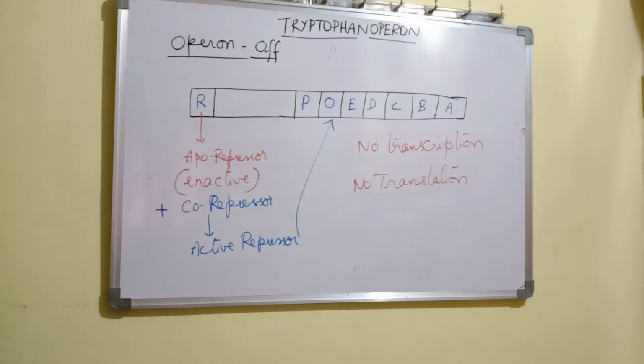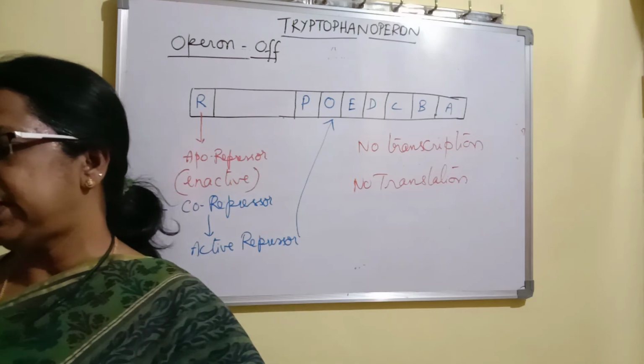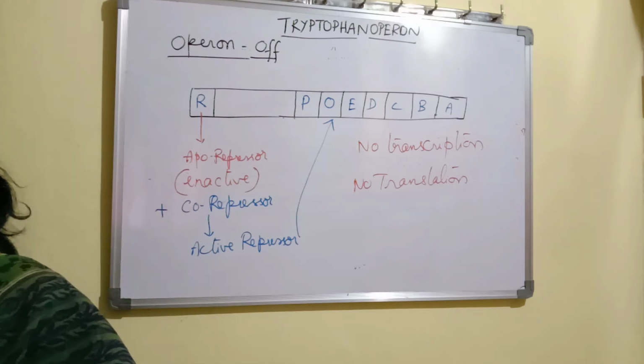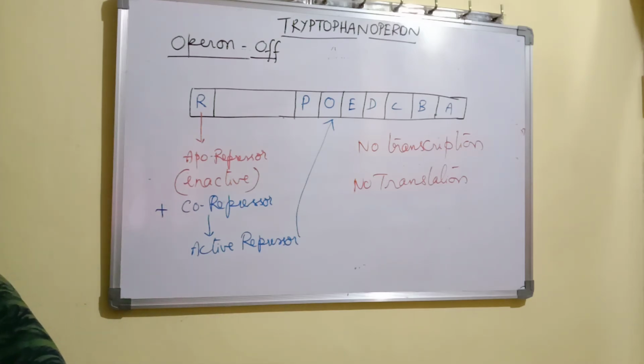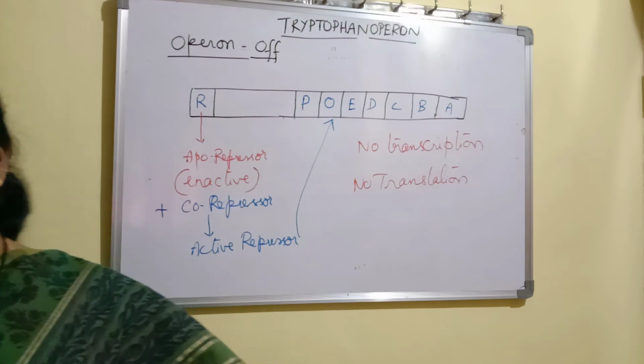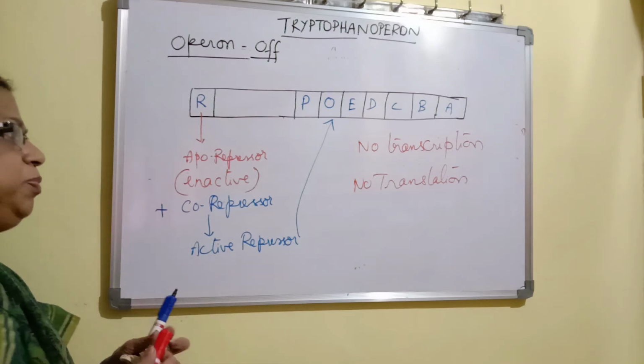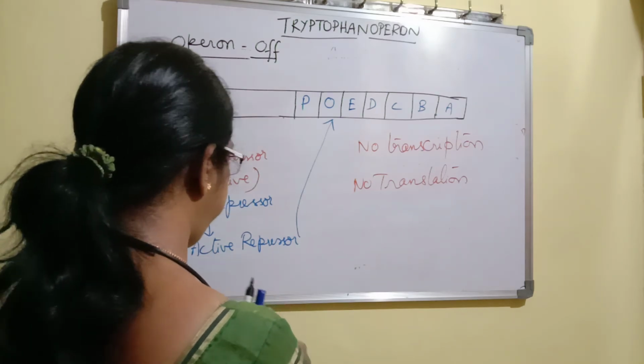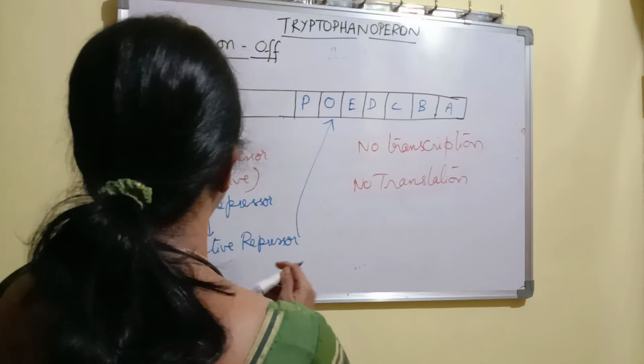So we can write it in this way. If co-repressor is present, which is the end product, the active repressor can be made inactive. Suppose, let us write this way.